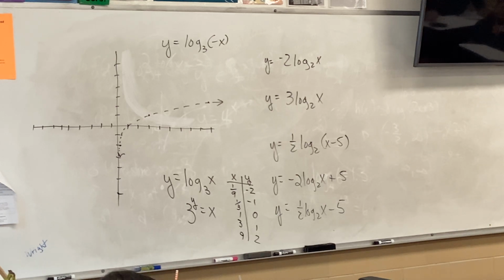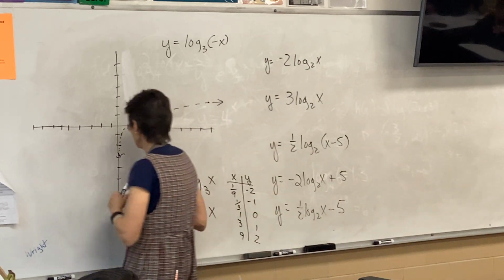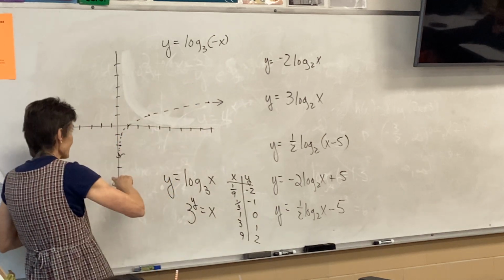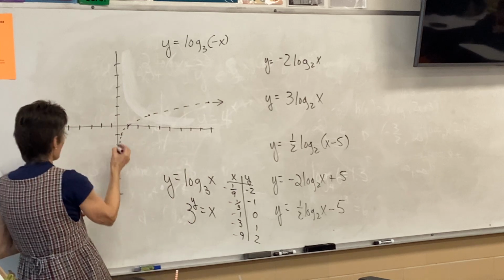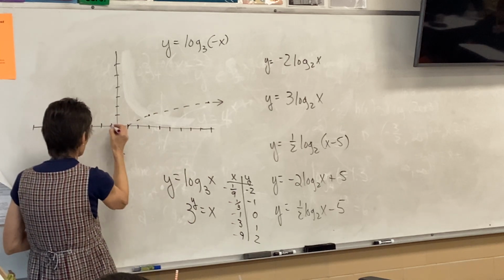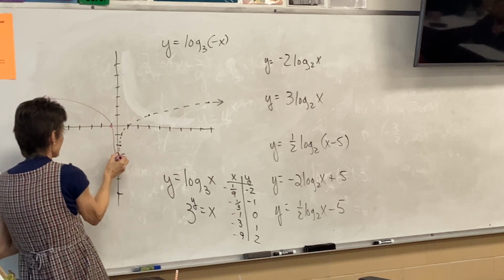What does changing the sign on x do to a curve? Reflects it across the y-axis. So the picture that you should have drawn was this, but with negative x values. So it ended up looking like this.